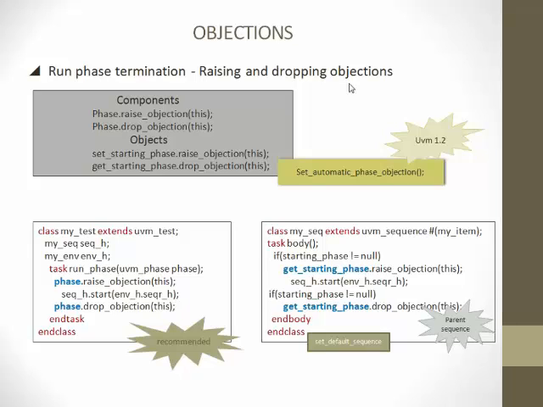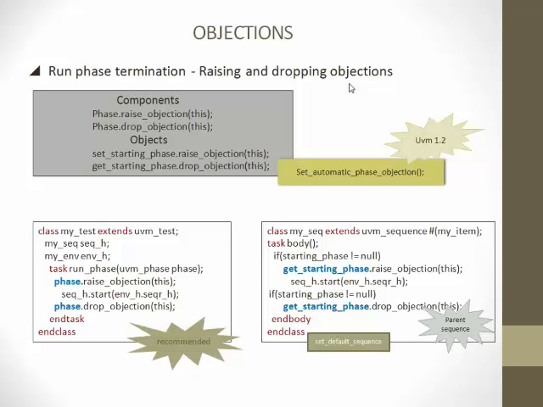Earlier, whenever I raised and dropped an objection, and let us say I had raise and drop objection within my child sequences, it would never set the starting phase in those child sequences unless I went and set it manually. So they guarded it by introducing new methods called get_starting_phase and set_starting_phase.